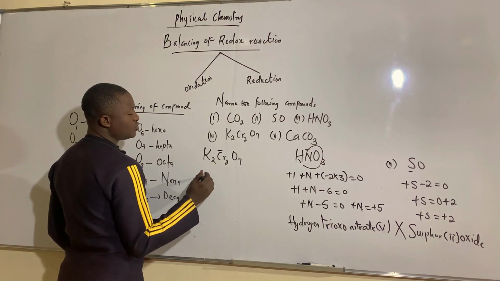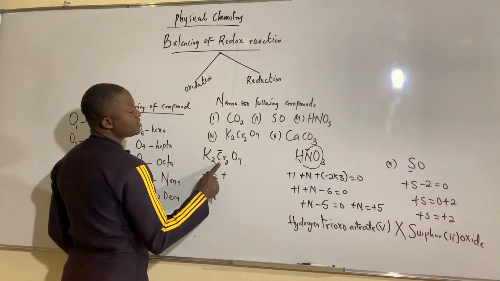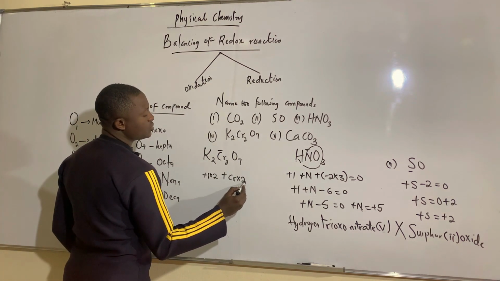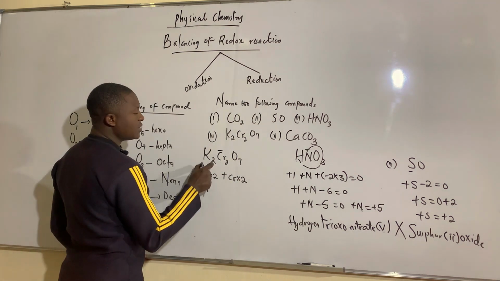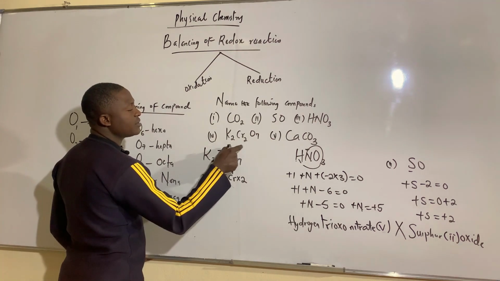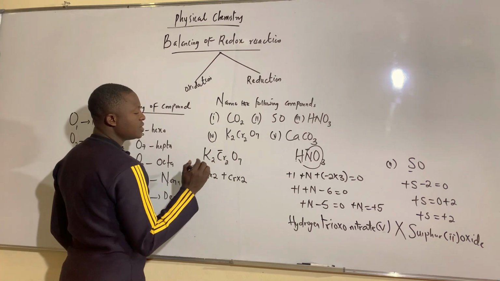But we can see it has 2 times 2 plus. So this is Cr, which is chromium. We have Cr then times 2. Because in this case, each element has its own subscript. Potassium has its own subscript. Chromium has its own subscript. At the same time, oxygen also has its own subscript. So potassium is +1, then times 2.